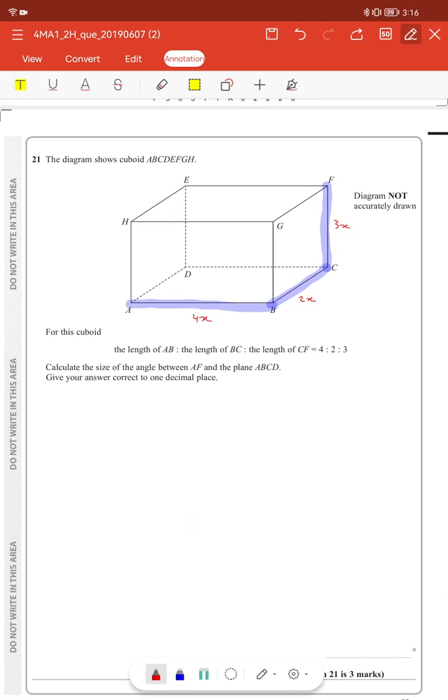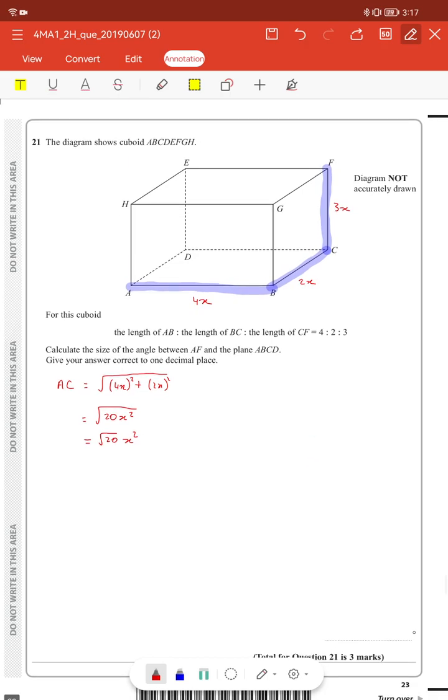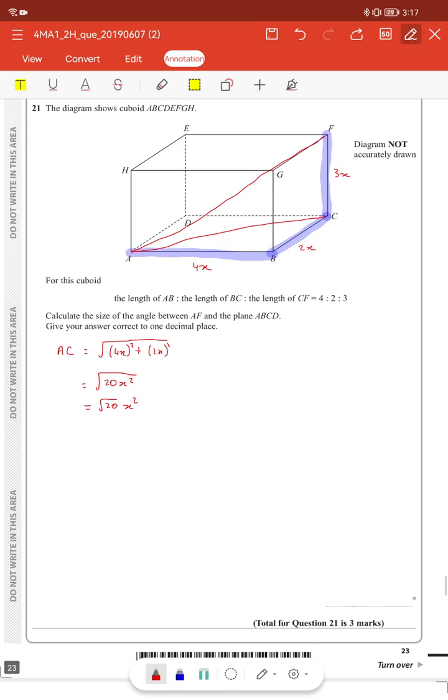So the length of AC would equal the square root of 4x squared plus 2x squared, which would give us 16x squared plus 4x squared, square root of 20x squared, which would be root 20 x. And for the angle between AF and the plane, once we've squared it, the square would be removed.